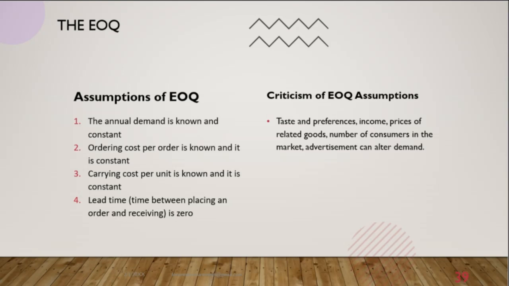Again, the income that people earn is also a factor. It also affects demand. If income increases, people tend to buy more. If income reduces, people tend to buy less. So that affects demand also. The prices of related goods, which is competition in the market: if the price of your own goods is high, and the prices of related goods, which are complementary goods, are low, demand for your goods will be less.